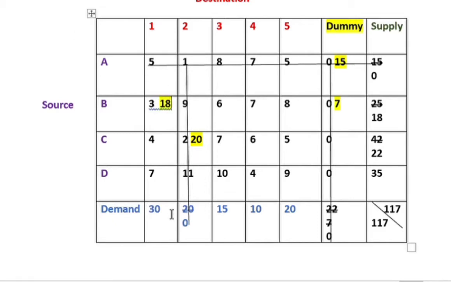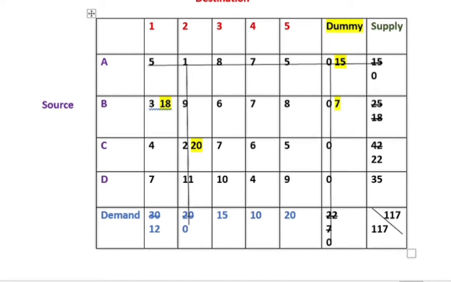So I will write 18 here, and subtract it from the 30, so 12 demand is still left, and 18 minus 18 is 0 supply left. So here I will write 0. This row will get cancelled now as 0 supply has left.